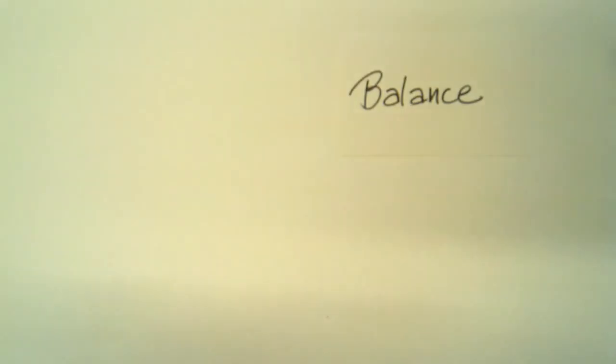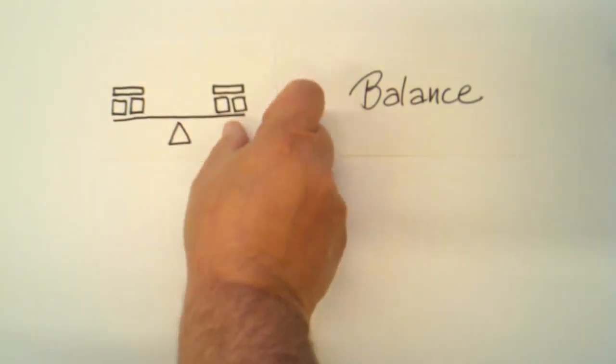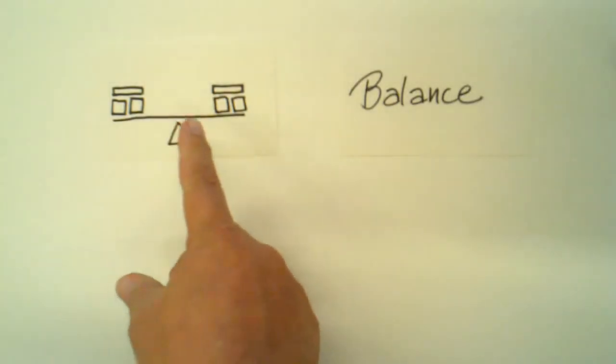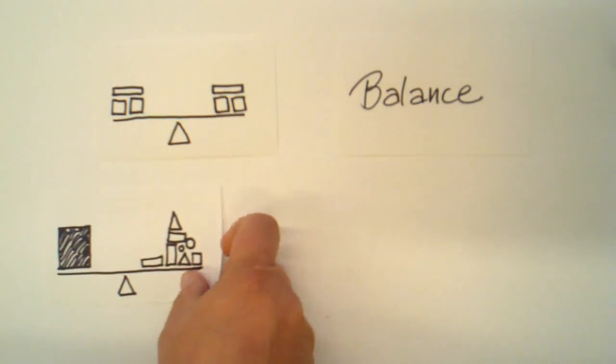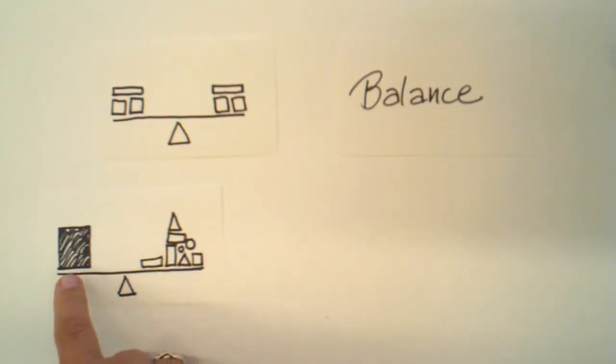Next, we have balance. Balance could be like on a seesaw, where you have equal amounts and equal sizes on each side, and that's called symmetry. You could also have asymmetry, meaning you have about the same kind of stuff on each side, creating balance.